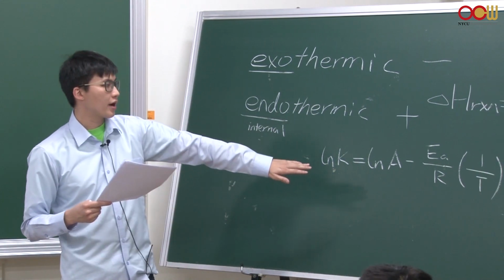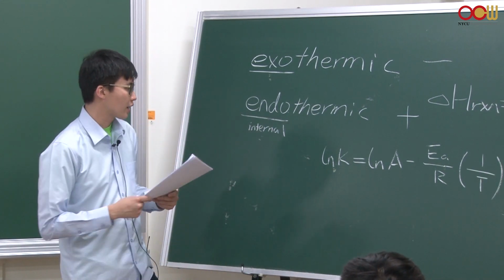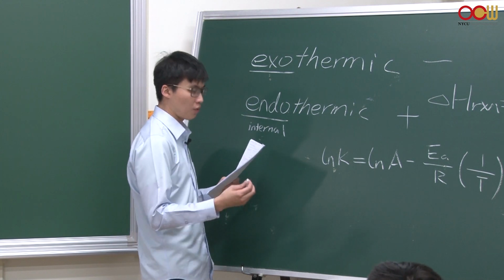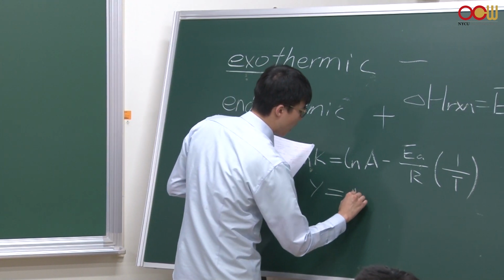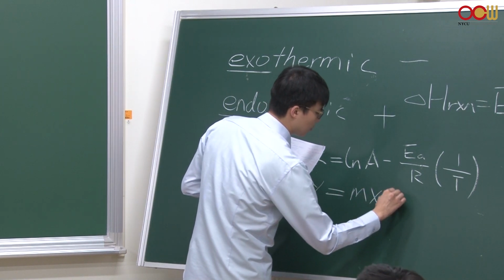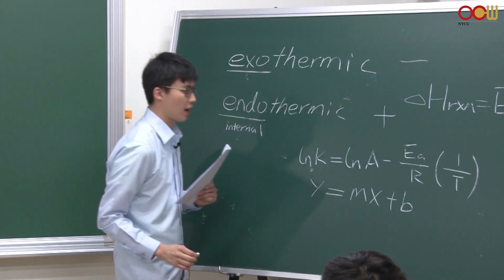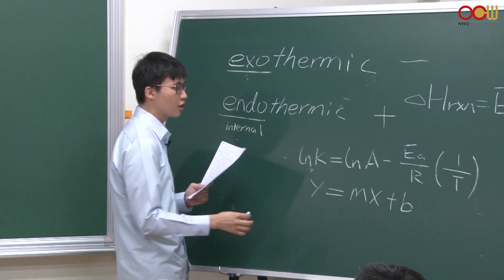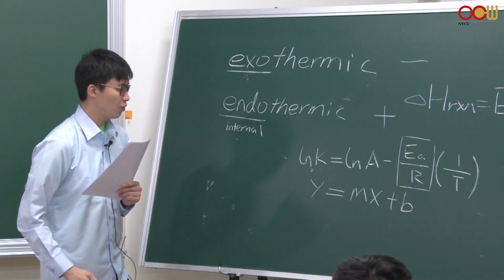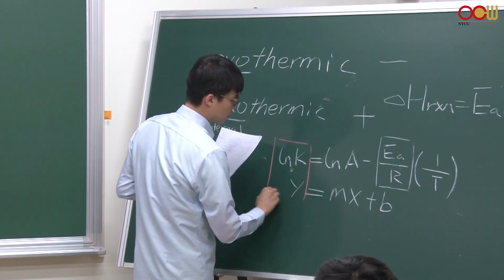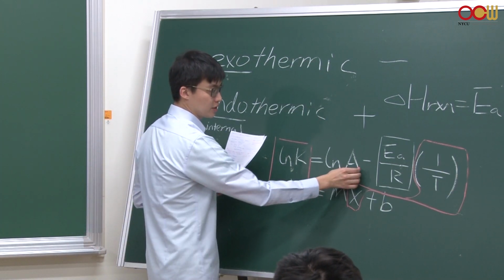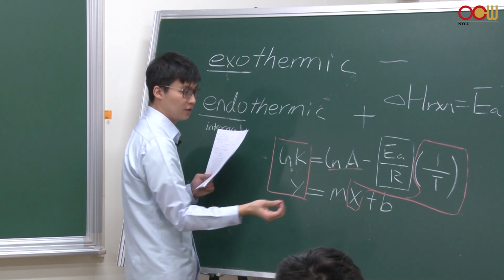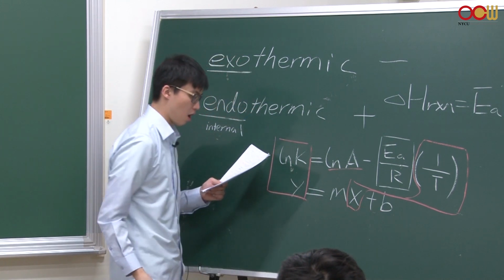And by seeing this equation, you recognize that we can do a plot. It's a very, very simple plot, what's called y equals mx plus b. So if we care about this term, this could be our y term, this could be our x term, then obviously this A, which is a constant, would be your intercept on your graph.